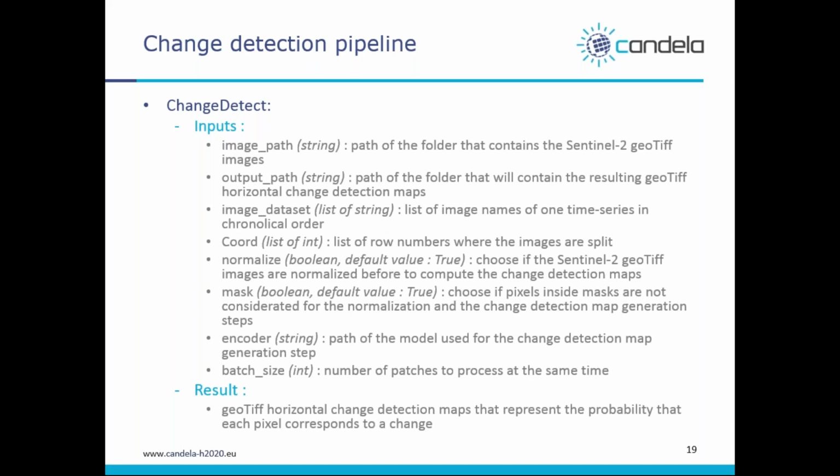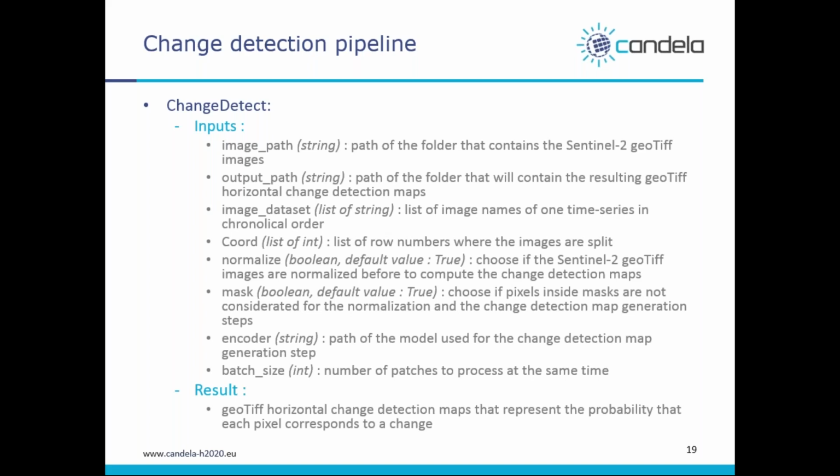So actually, there are some pre-trained models that can be used for testing on Sentinel data. And in a future version, we're going to provide also a module that will allow the user to train models by himself, maybe to specialize on some particular area to obtain better results.